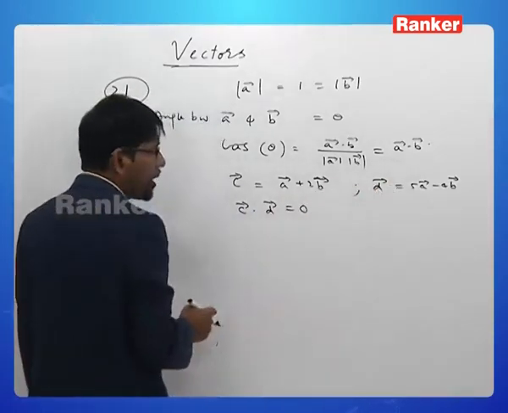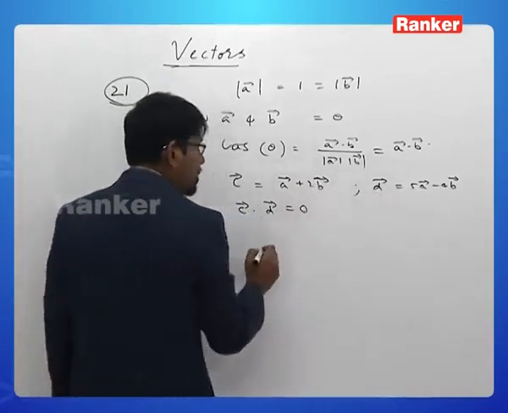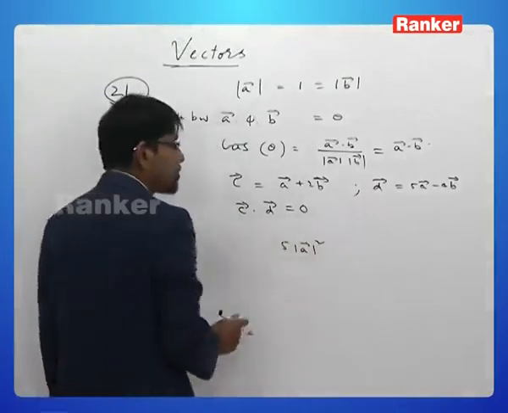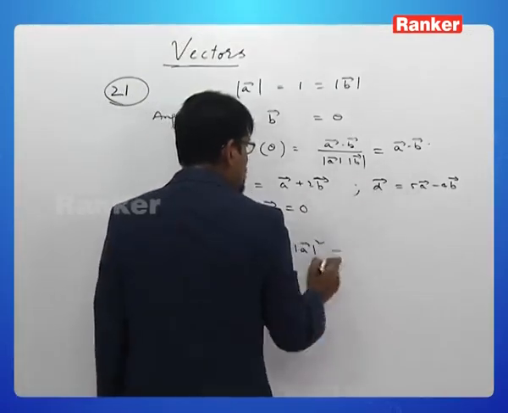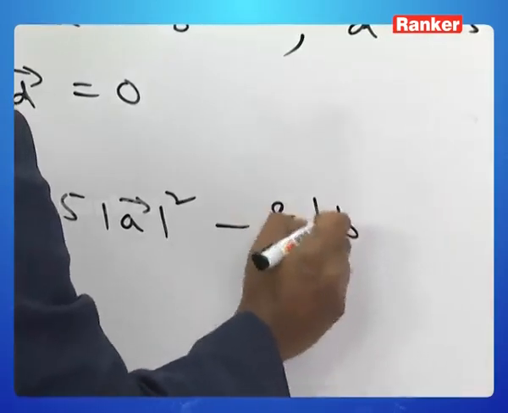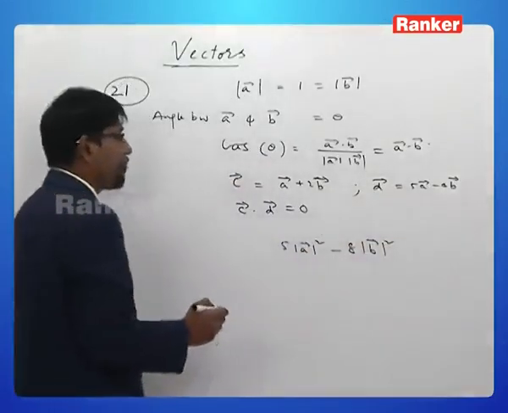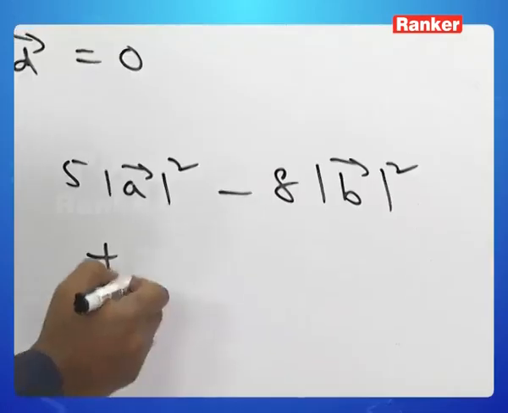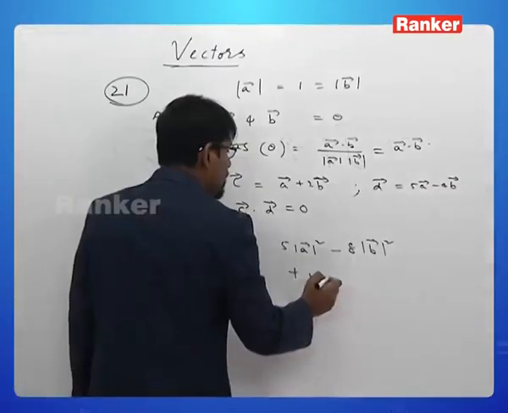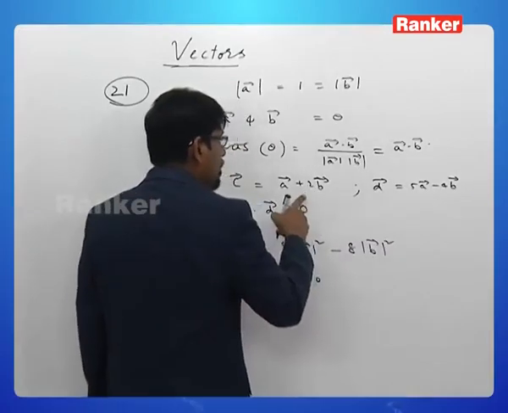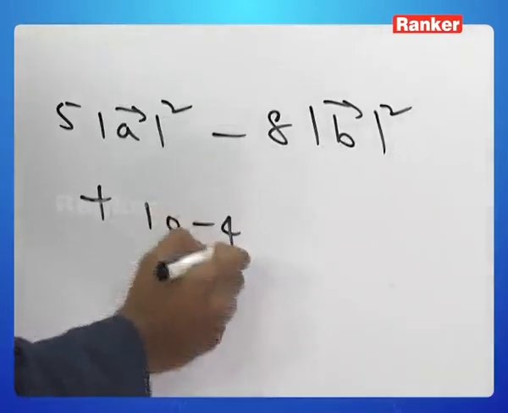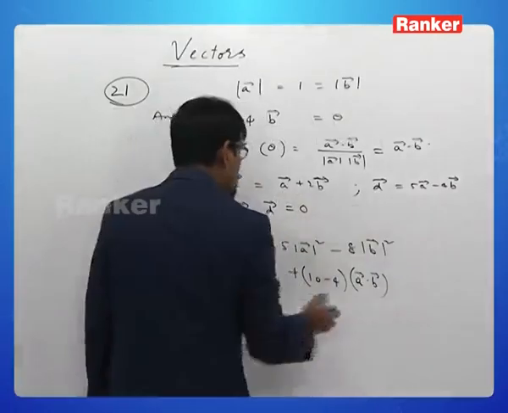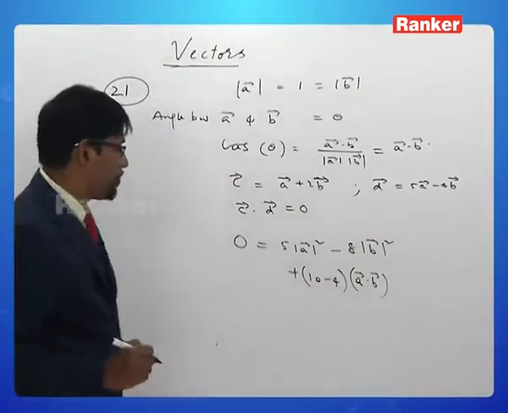What do we get? 5 into magnitude of a squared, minus 8 into magnitude of b squared, and then you have 10 into a dot b minus 4 into a dot b, that is, 10 minus 4 into a dot b. The whole thing is equal to 0.